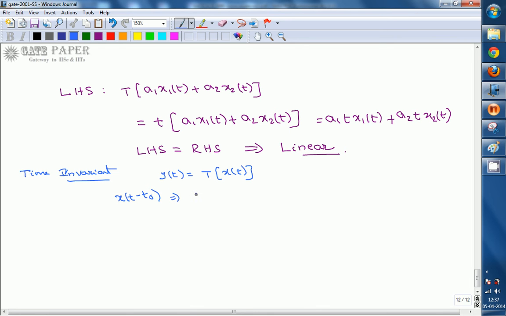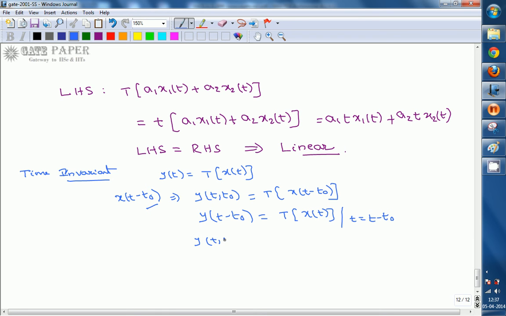For that we find the output y(t, t0), which equals the transformation on x(t − t0). Then we introduce the same amount of shift in the output, that is y(t − t0), which is the transformation on x(t) only, but we replace t with t − t0. When y(t, t0) equals y(t − t0), the system is time invariant, otherwise time variant. Now we will check this condition.